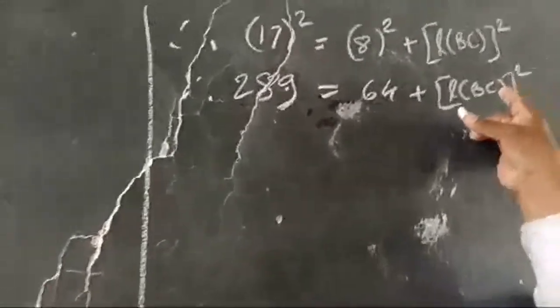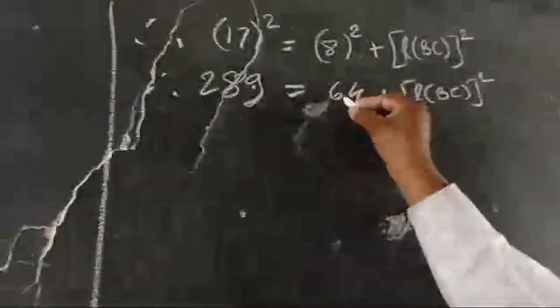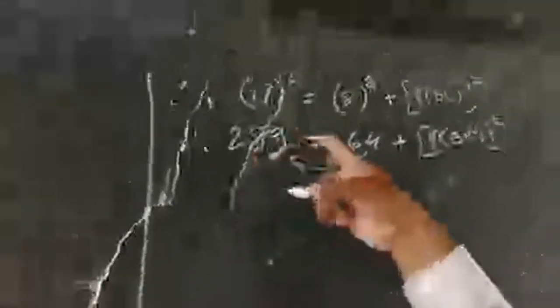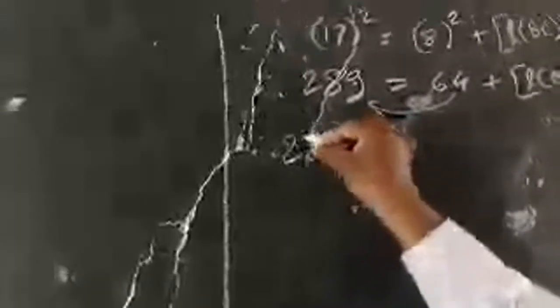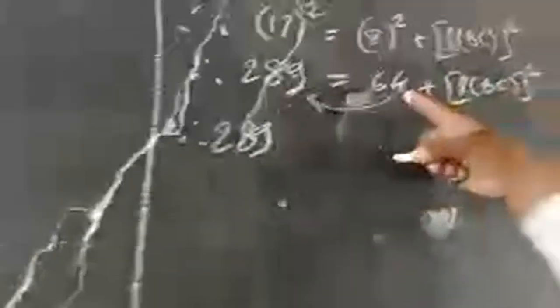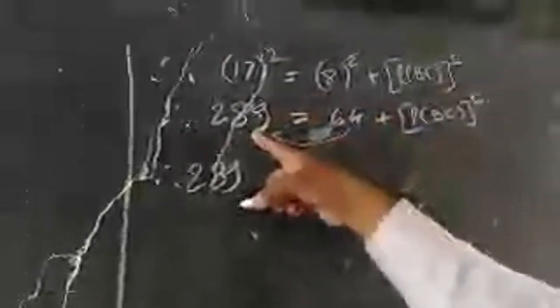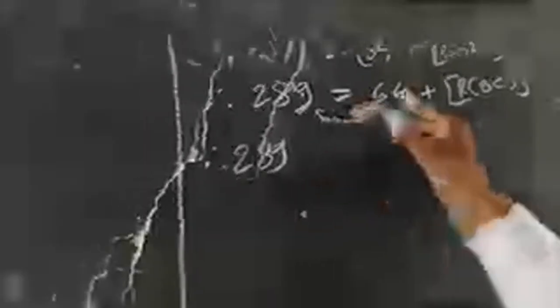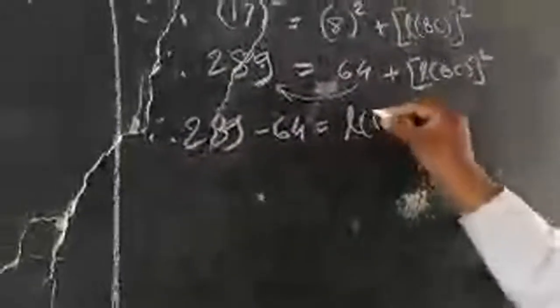Then like terms we write together. These are the like terms. Then we take 64 to the left side. Its sign will be changed. Therefore 289 remaining, and plus 64 becomes minus 64, is equal to length BC square.